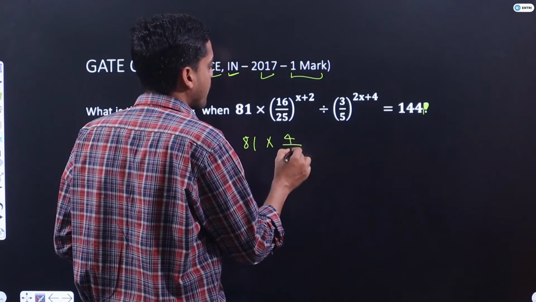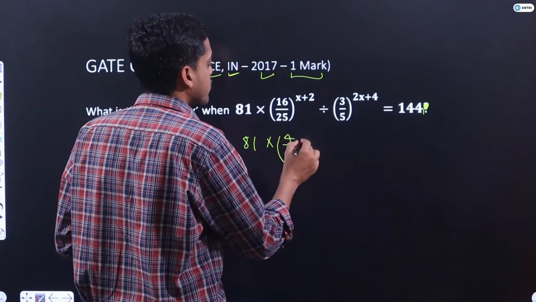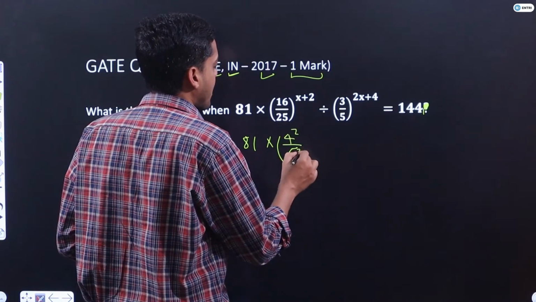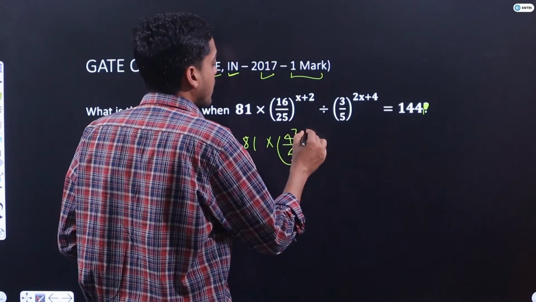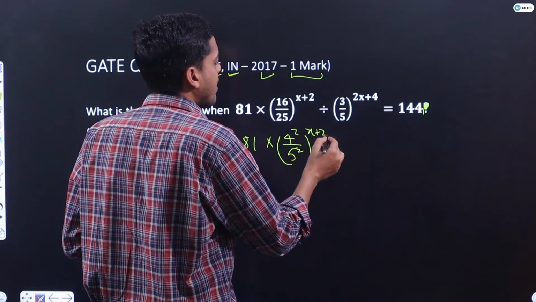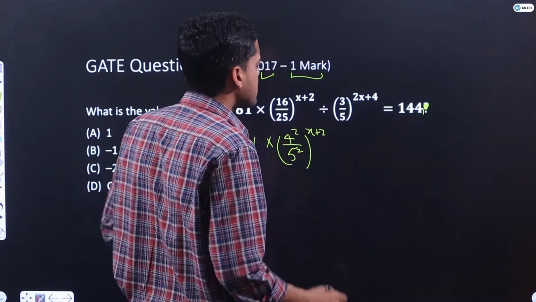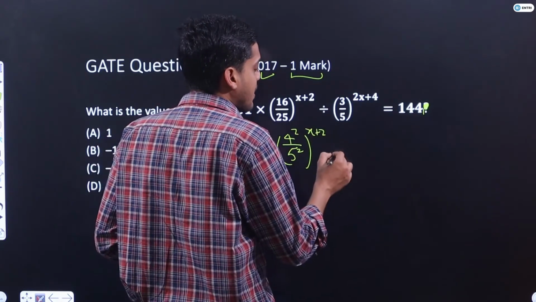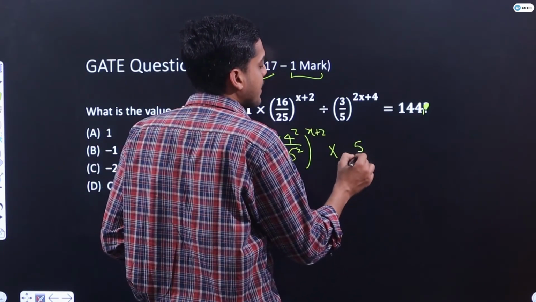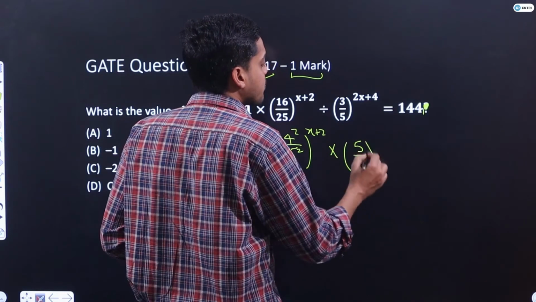Can I write this as 4 upon 5 whole squared, 4 square and 5 square, is to the power x plus 2. And when I am dividing this, I will change the sign to multiplication and I will write 5 by 3 is to the power 2x plus 4.